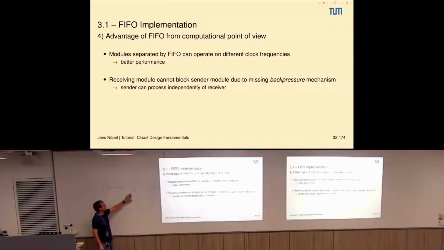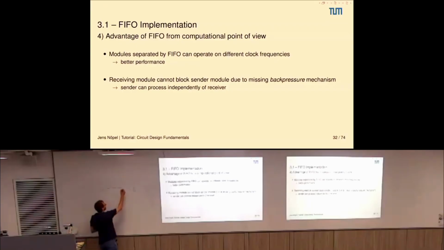Then module A cannot send data to module B. This means module A is now stuck as well, because module A wants to write data but is not allowed to, since module B is saying no, I don't want to receive. This is back pressuring module A so it cannot send the data, and now module A just waits until module B finishes its computation.